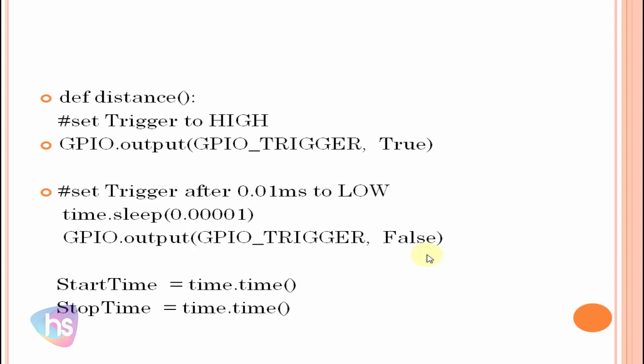Now define distance. How do we take care of the distance? For that, I am defining a function distance.